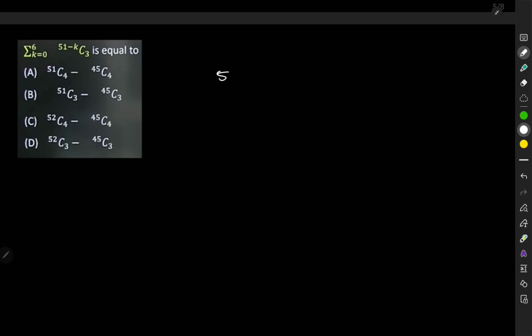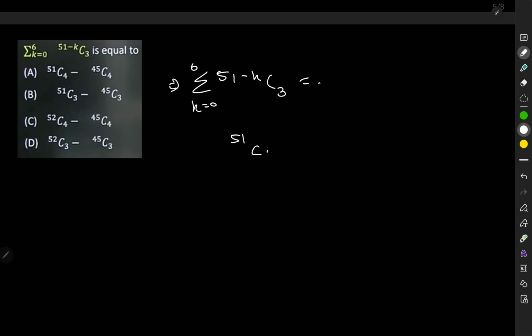Okay, so we have another question, 51 minus K C3, and we have sigma also. How will you solve this equation? Let's try to understand this expansion.